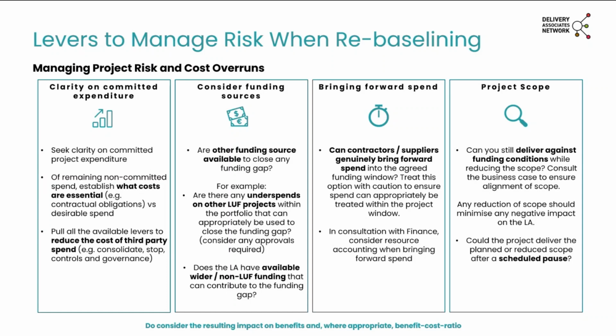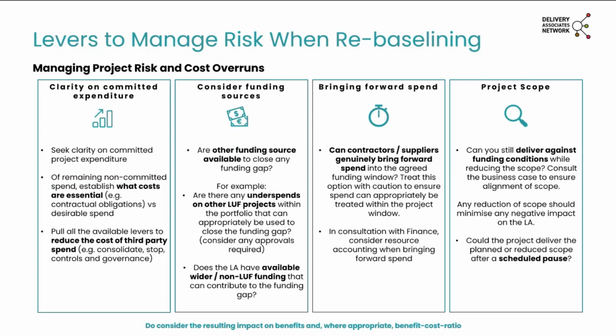Particularly where there's pressure on time horizon, there could be scope to bring forward spend. What I would consider in this scenario is speaking to any contractors and suppliers to ask the question, can they generally bring forward spend into the agreed funding window?